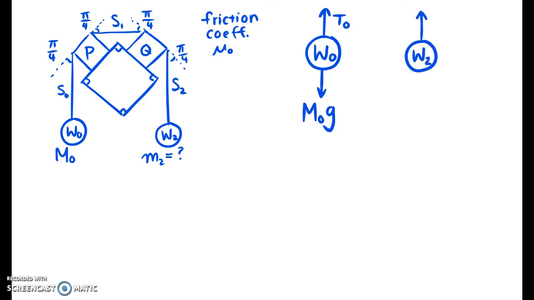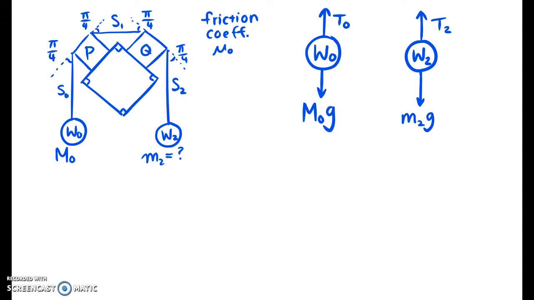Similarly, W2 also has only two forces acting on it, one up and one down. The one going upwards is the tension from string 2, so we'll call it T2 for tension 2, as well as gravity. So gravity is its mass, M2, times G. And since we say that both bodies P and Q need to stay at rest, then the whole system needs to be at rest, which is to say that W0 and W2 also have to have no net forces acting upon them.